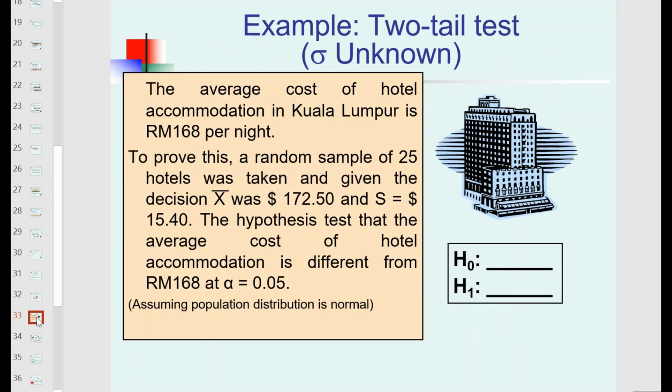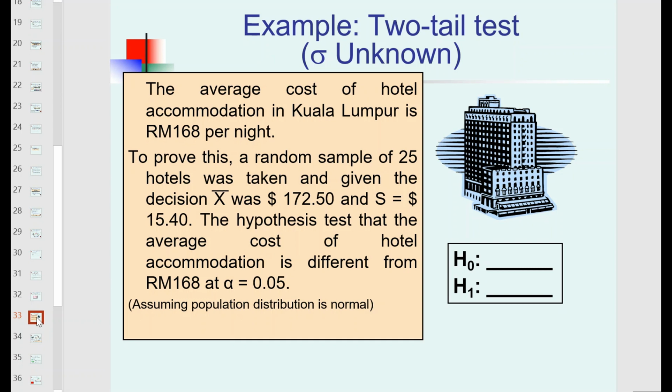Alright, we look at this first example, when your sigma is unknown. The average cost of hotel accommodation in Kuala Lumpur is 168 per night. To prove this, a random sample of 25 hotels was taken, so you have your n here. Given the data, X bar was 172.5 and S is 15 ringgit and 40 cents.